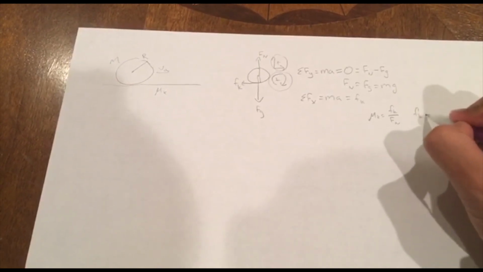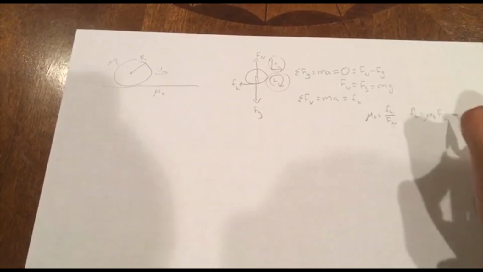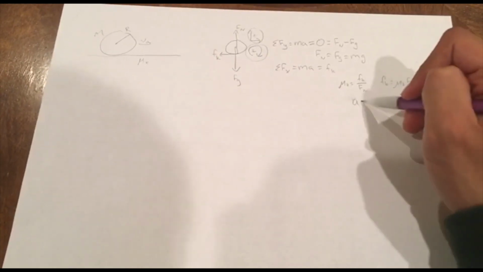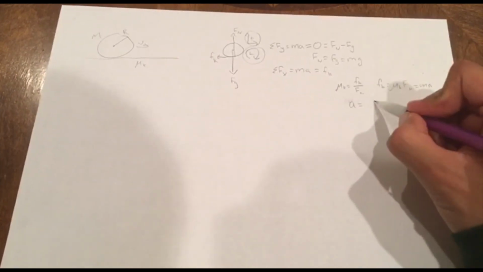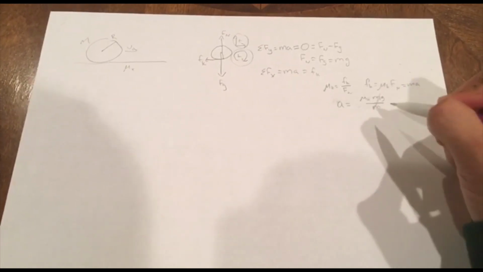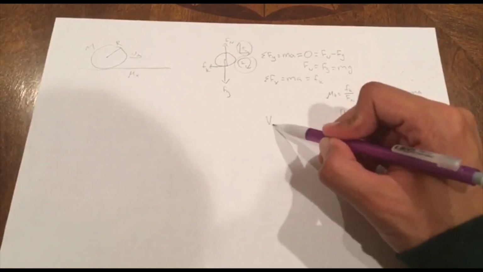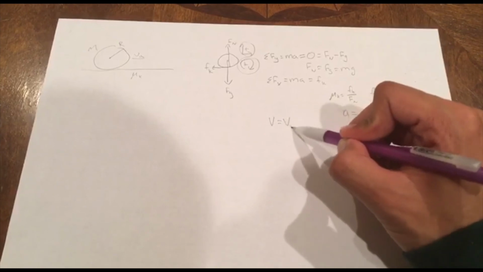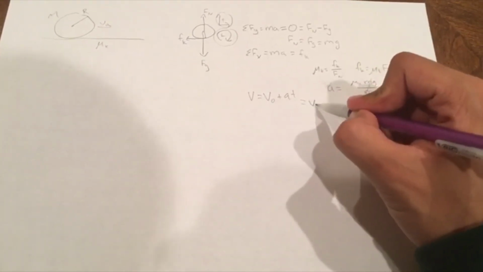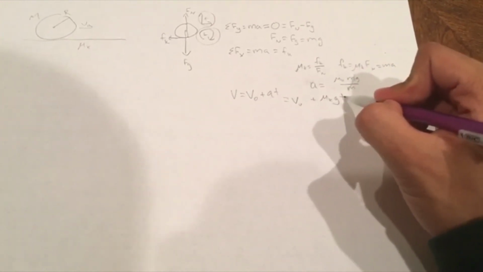So f of k equals mu k times f of n equals ma. So the acceleration is equal to mu k mg over m, and the m's cancel out. So we know that velocity equals v naught plus a of t. So v is equal to v naught plus mu k g times t.